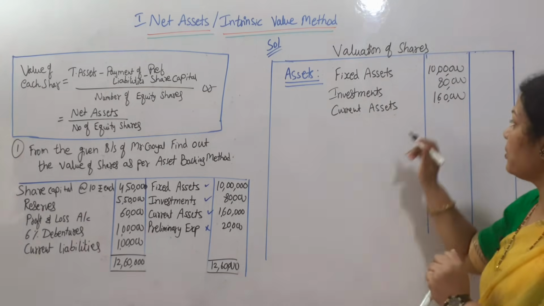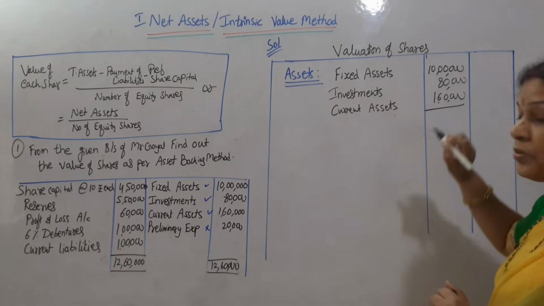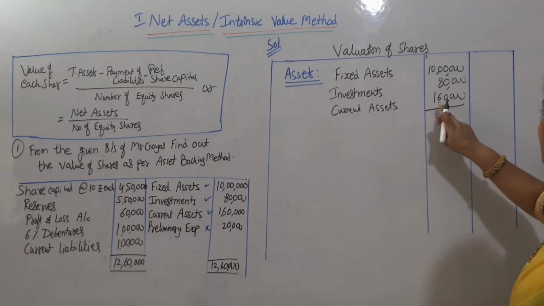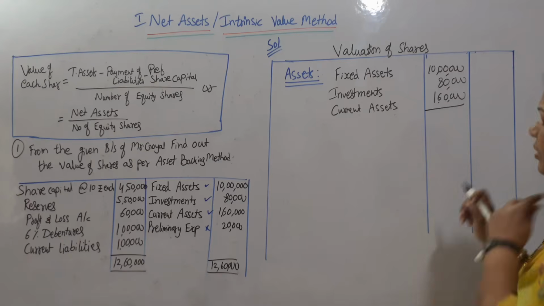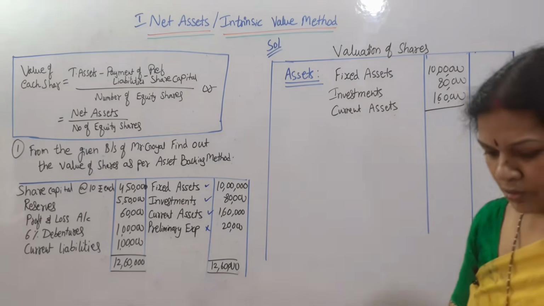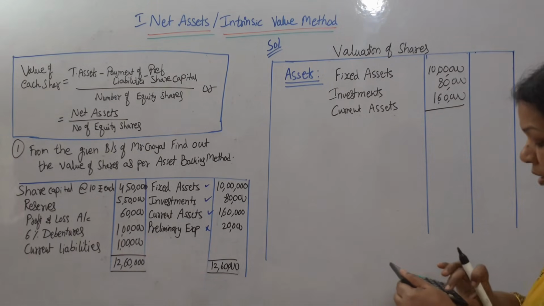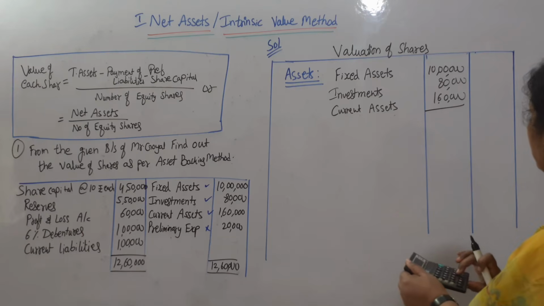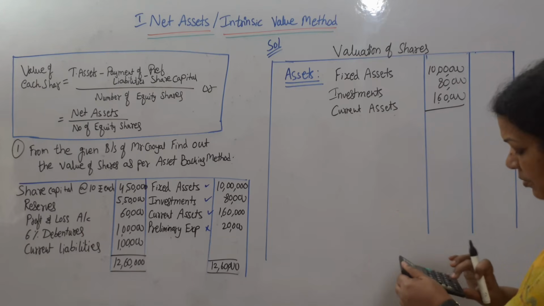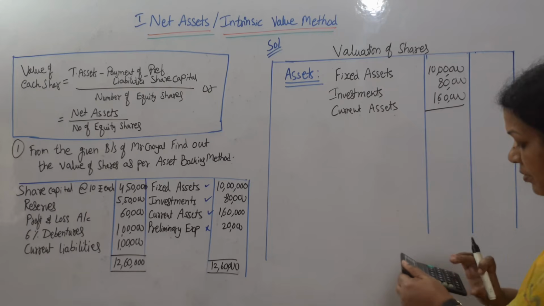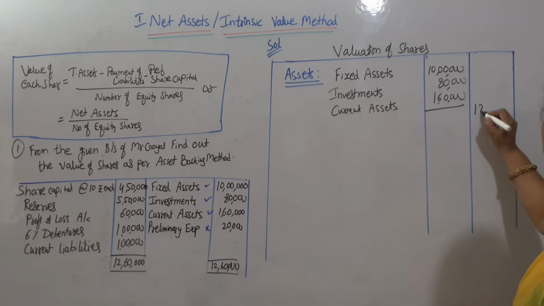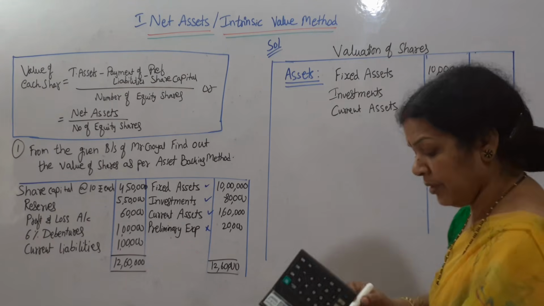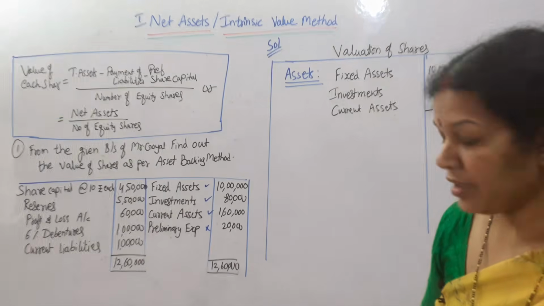That's all. These are the assets we are calculating. 10 lakh plus 80,000 is 10 lakh 80,000, plus 1,60,000. Yes, 12 lakh 40,000 it is. This is gross assets, we can say.